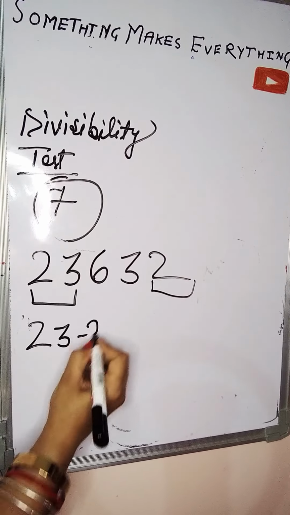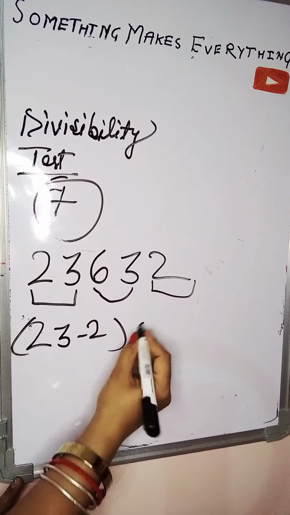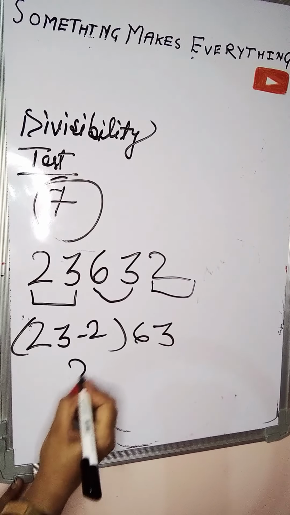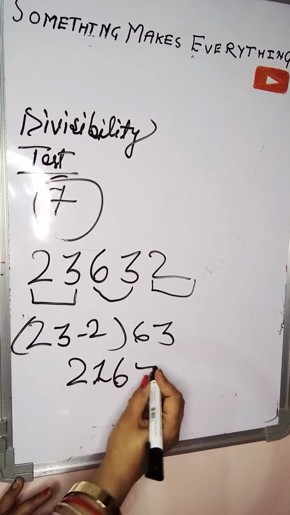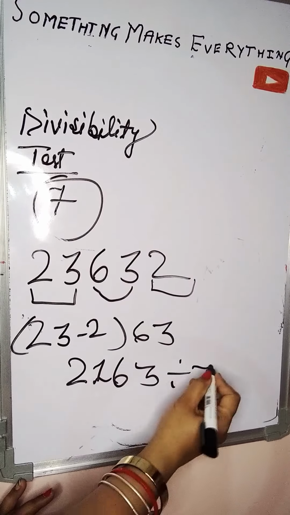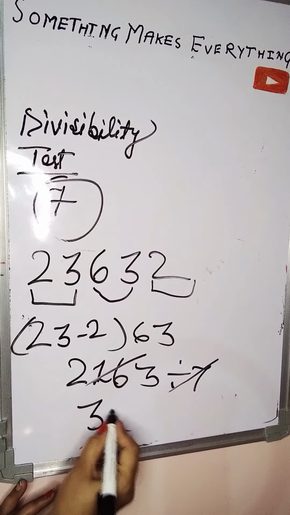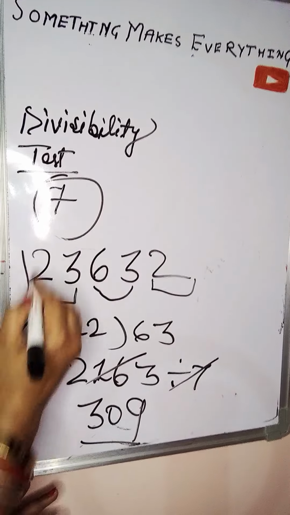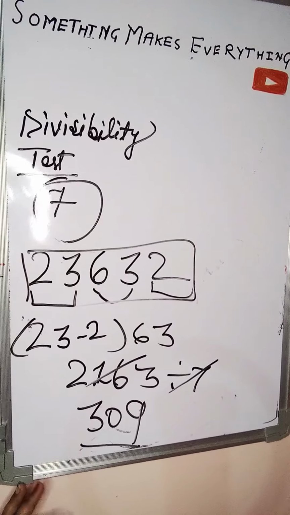So 23 minus 2 is 21, and 63 as it is. What is the difference? 2163. So again, this 2163 is completely divisible by 7. So this whole number will be satisfying the test.